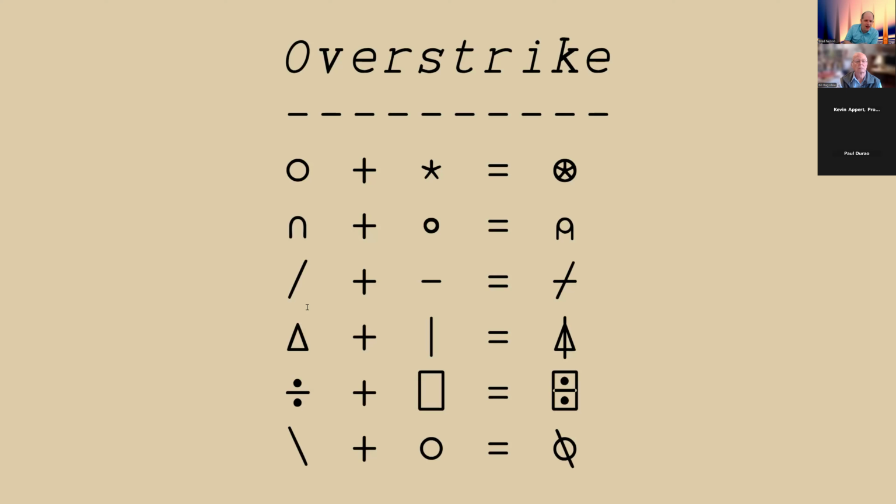But where you get a lot of characters out of it is doing overstrike, and so you can take the jot character and combine it with the upper shoe and get this character, which is used as the marker for comments, or a circle combined with a star gives you a circle star that's used for logarithms.